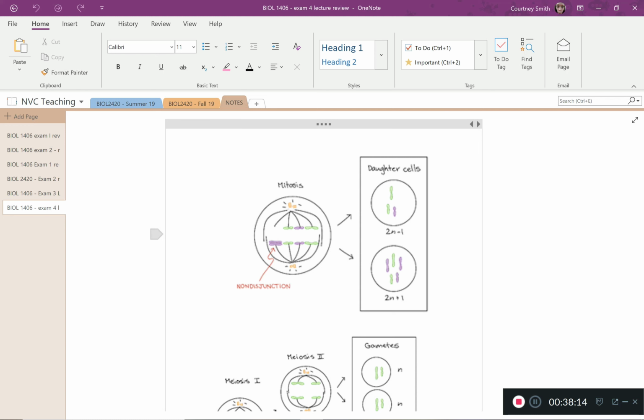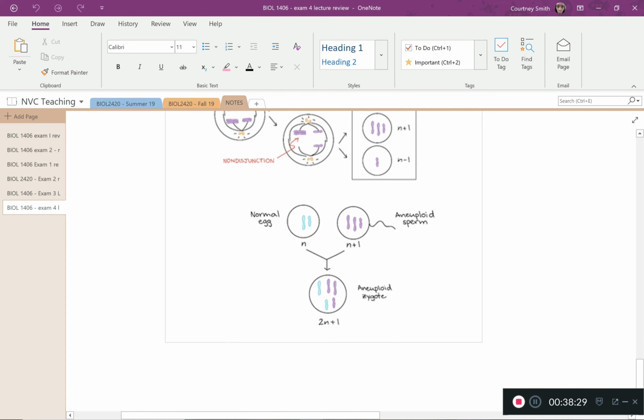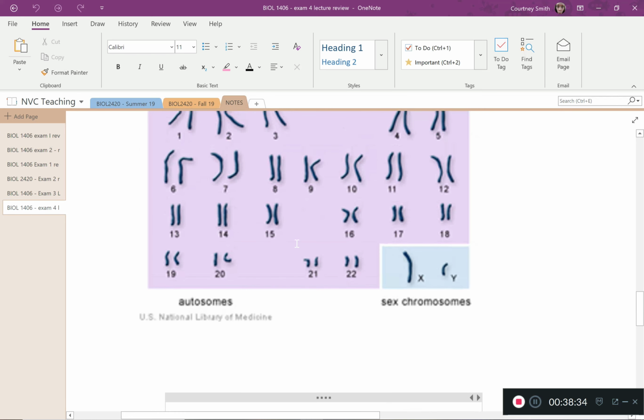I'm sorry, not mitosis, meiosis, but it can also occur in mitosis as well. So pretty much whenever homologous chromosomes or sister chromatids fail to separate, this is non-disjunction. If it happens during meiosis, it will look something like this.